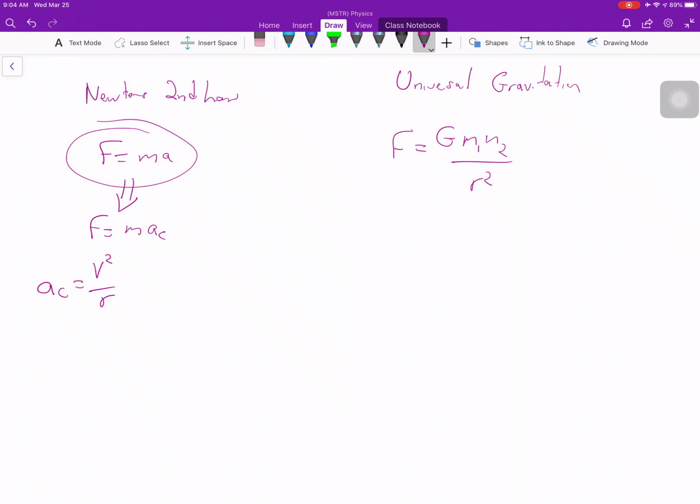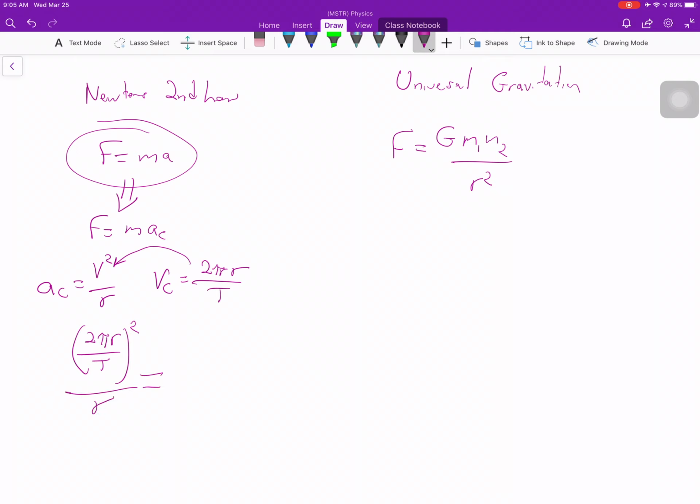And remember that we talked about the velocity being equal to the distance around the circle, which was 2 pi r, over the period that it was moving. So if we take this and sub it in, we get 2 pi r over T. Since that is representing v, we have to square that all over r.